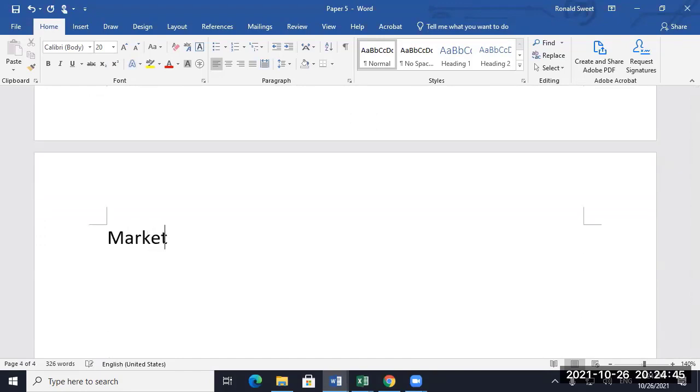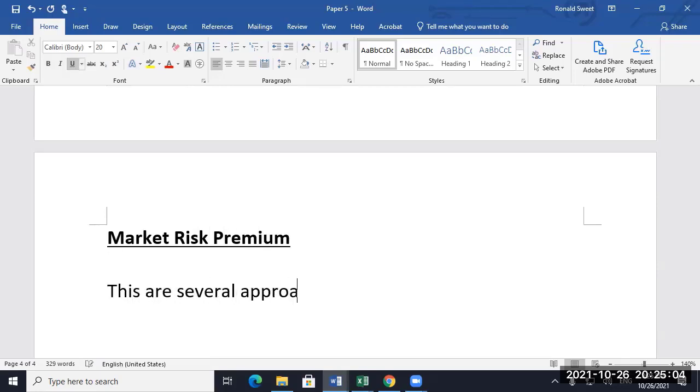Okay, then market risk premium. So you can say there are several approaches to the market risk premium, and market risk premium and equity risk premium are the exact same thing. So either title works for me.